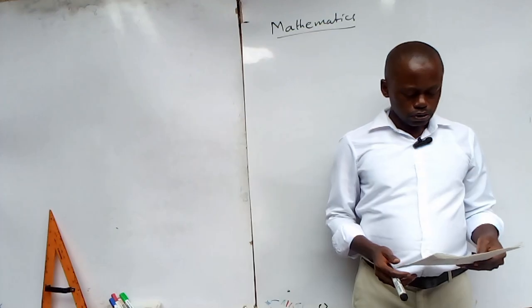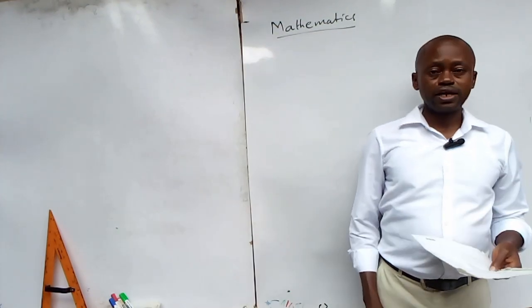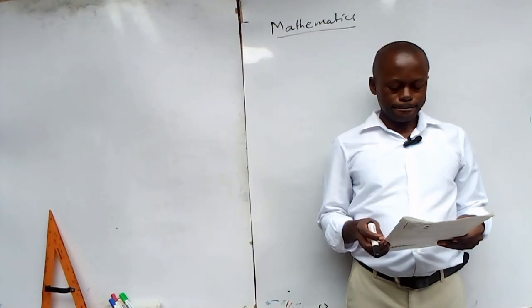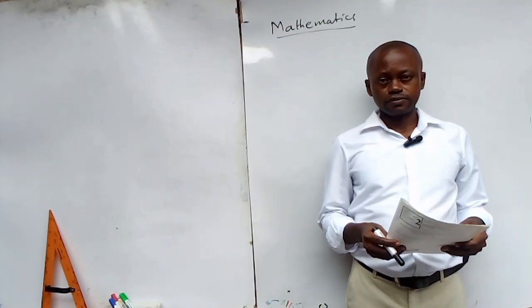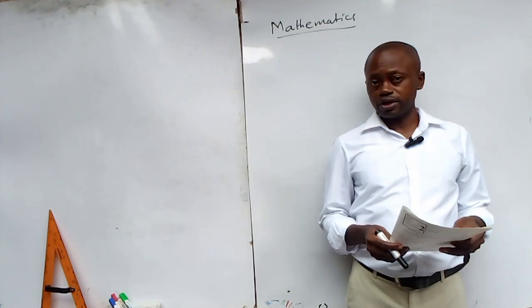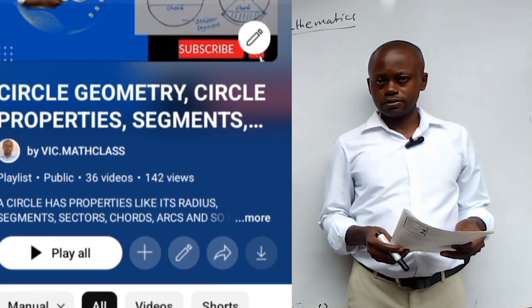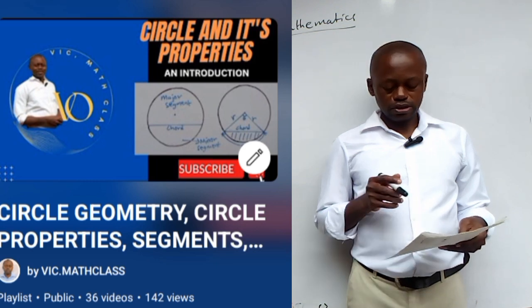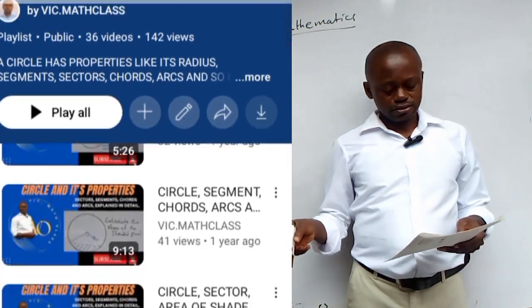So you realize that the first thing we need to do is to sketch this information. If you've not been able to attend our classes on properties of circle, it's important because this is building on that.